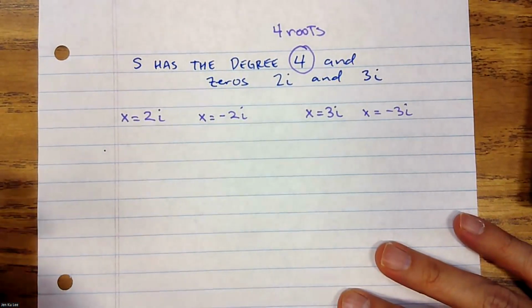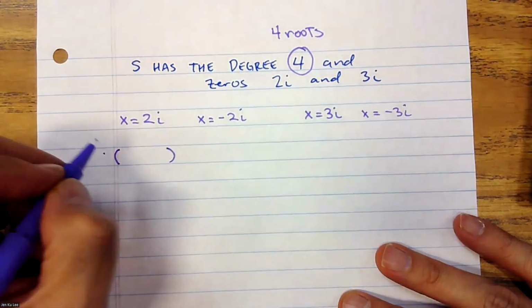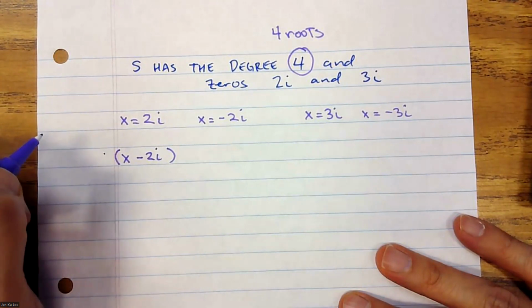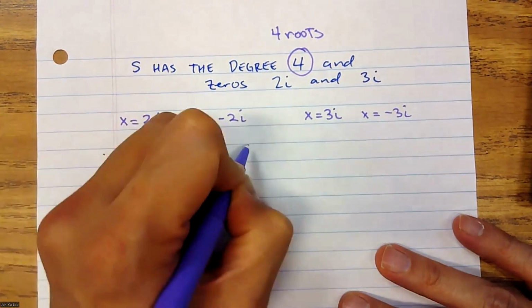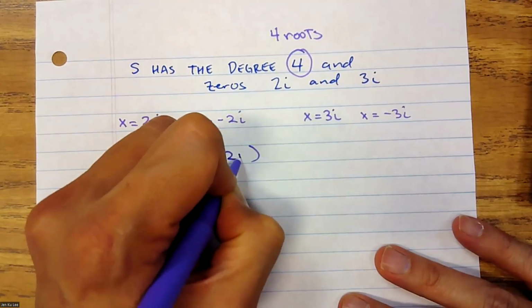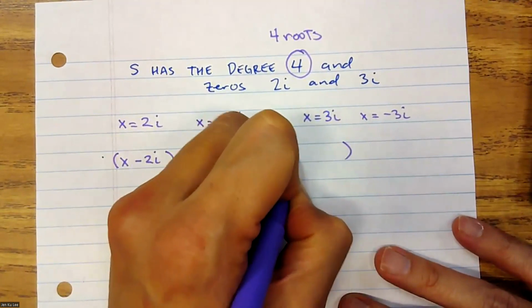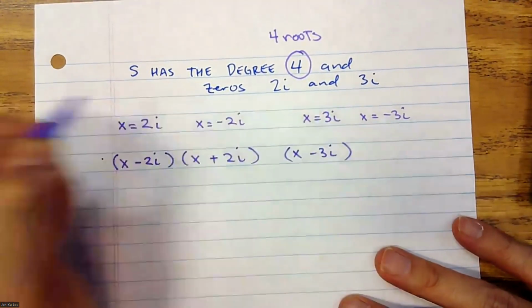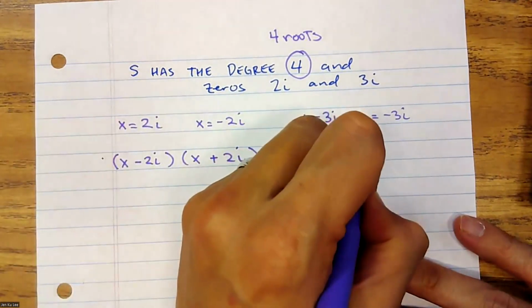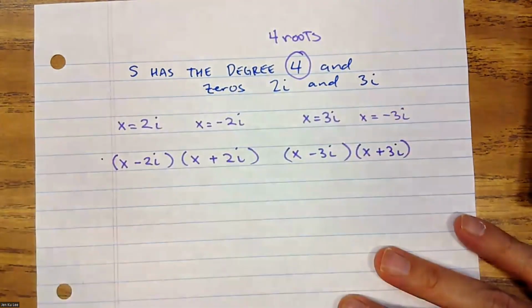Okay? So if 2i is my root, then x minus 2i is my factor. If -2i is my root, then x plus 2i is my factor. Same thing here. x minus 3i is my factor, and x plus 3i is my factor.